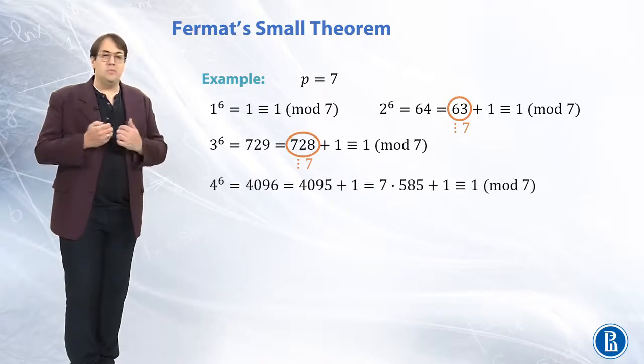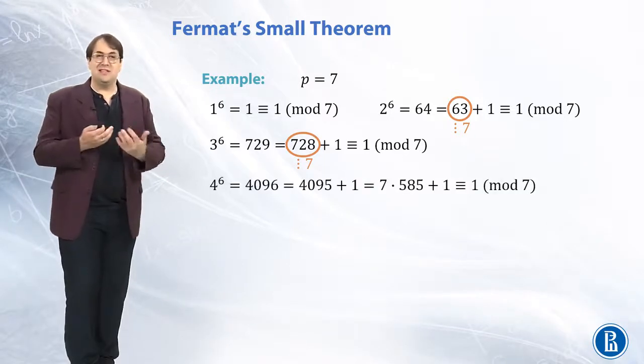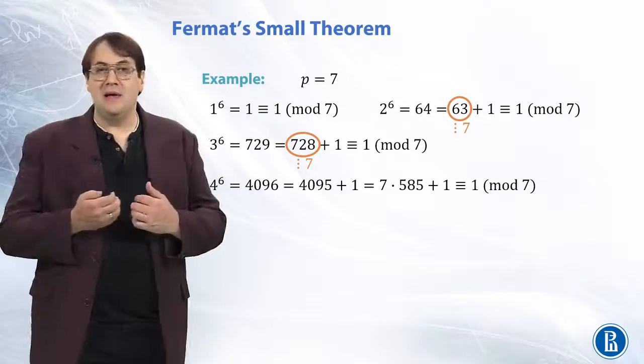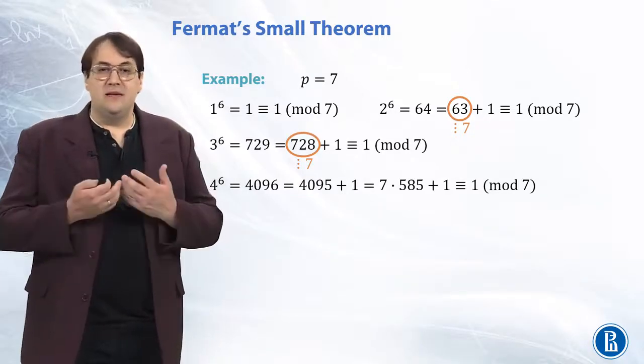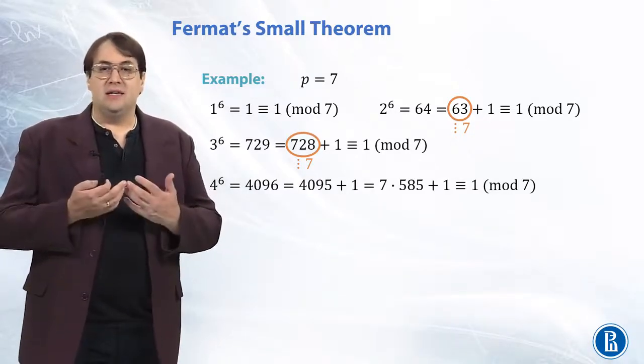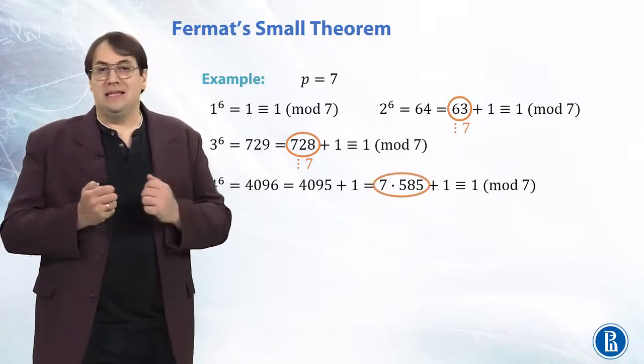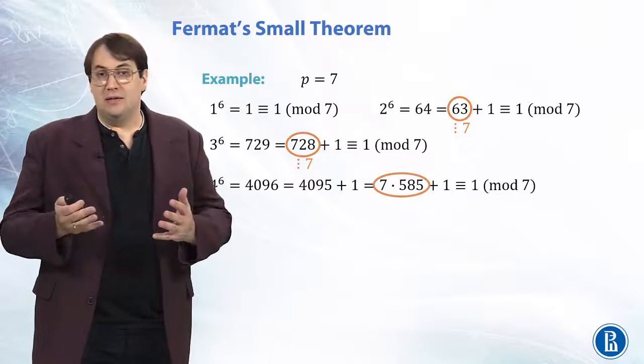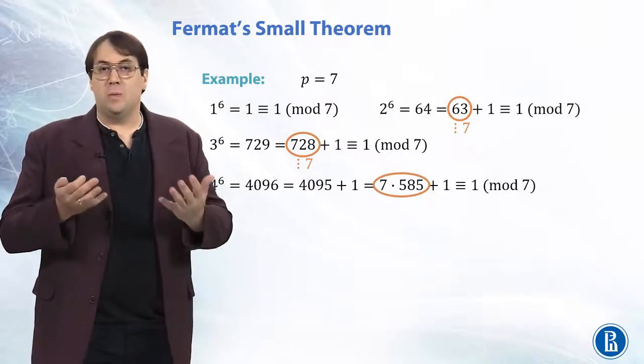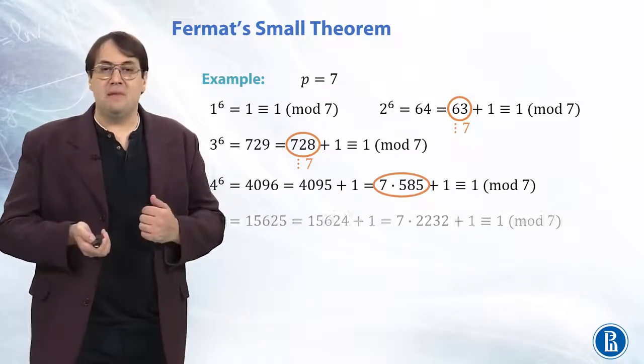What about 4? Well, numbers get a bit larger now, but nonetheless, 4 to the power 6 is also equal to something divisible by 7 plus 1. So it has remainder 1 when divided by 7.